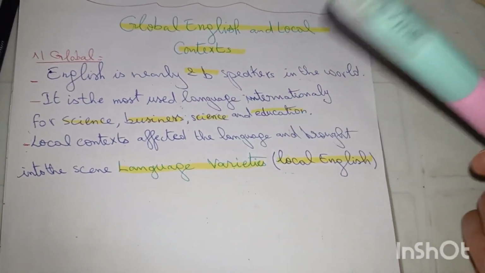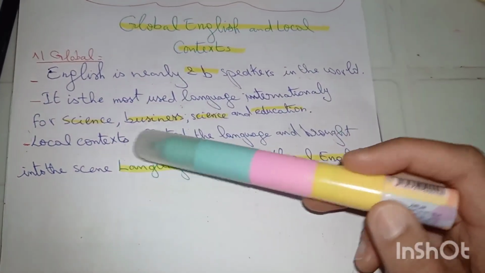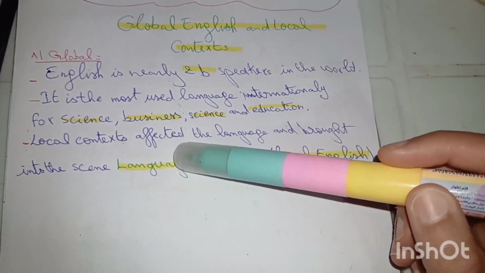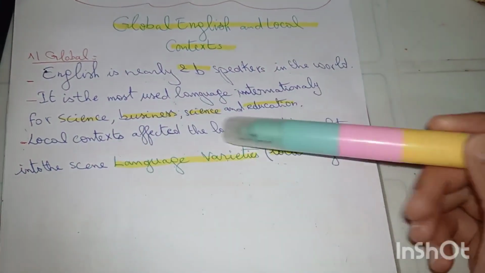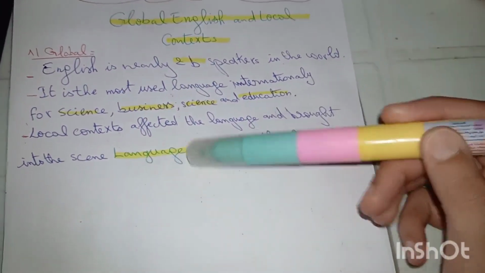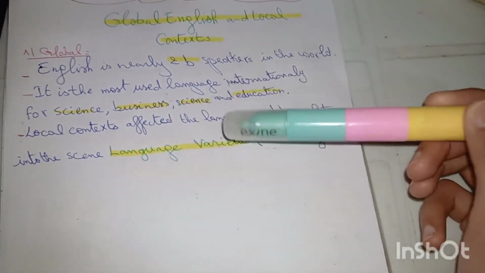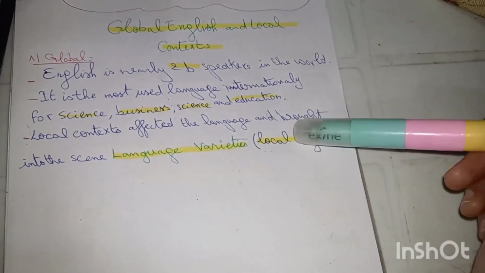For politics, etc. So local context affected the language and brought into the scene language varieties. We mainly talk here about local English.